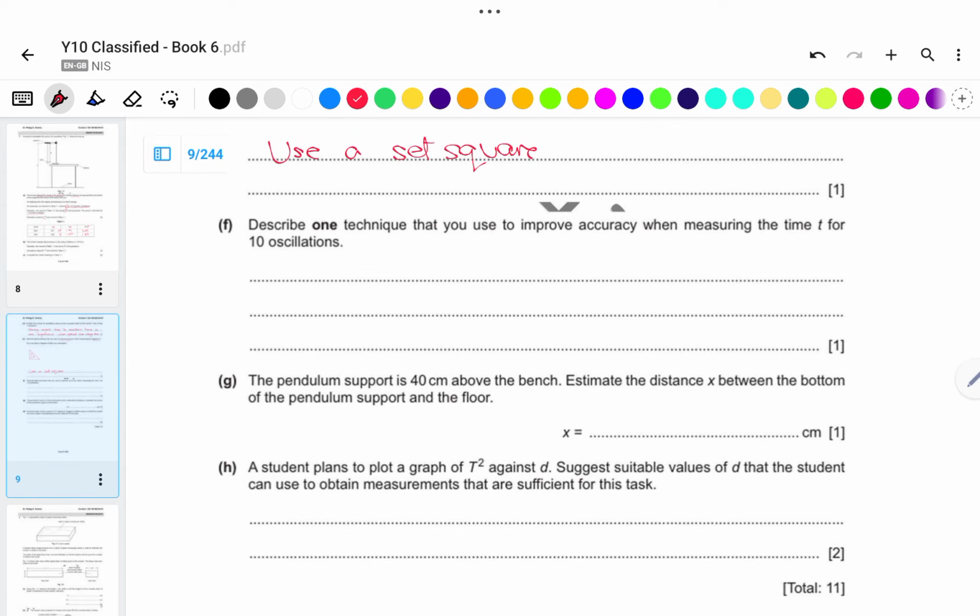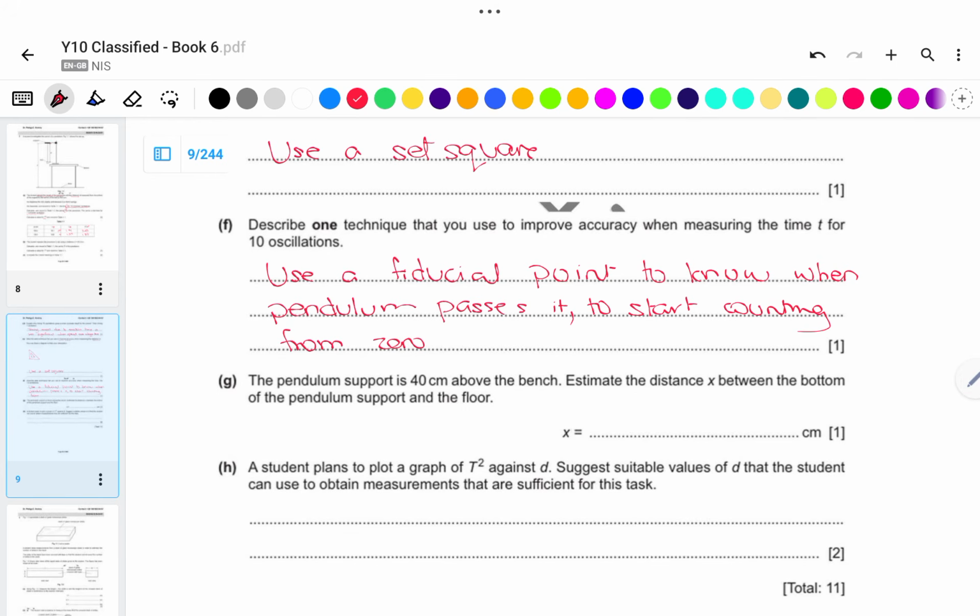So my technique that I'd prefer with my students to improve accuracy when measuring the time t for 10 oscillations is that we will use a fiducial point to know when the pendulum passes it, to start counting from 0. Okay.